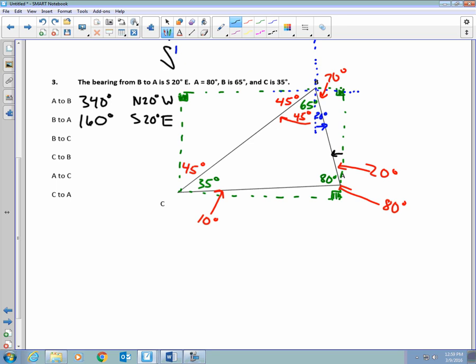B to C. What's the direction? Southwest. From south, how many degrees do I turn to the west? 45 past 180 is 225.